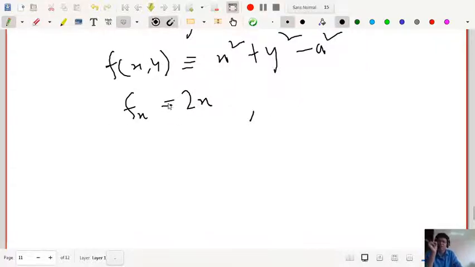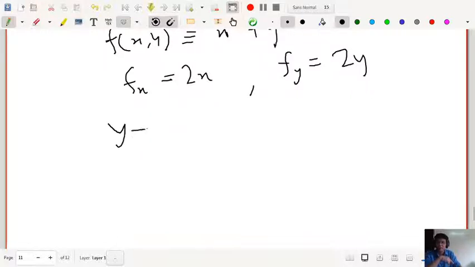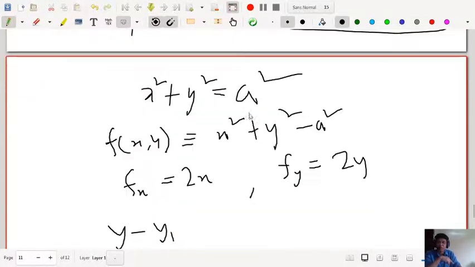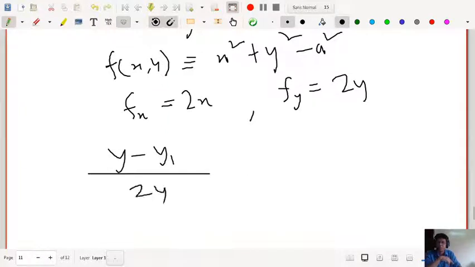But because you have two variables, when you are differentiating with respect to x, y is constant, and when we are differentiating with respect to y, x is constant, so it will be 2y. So at x1, y1, let me write the equation of the normal: (y − y1)/(2y1) = (x − x1)/(2x1).